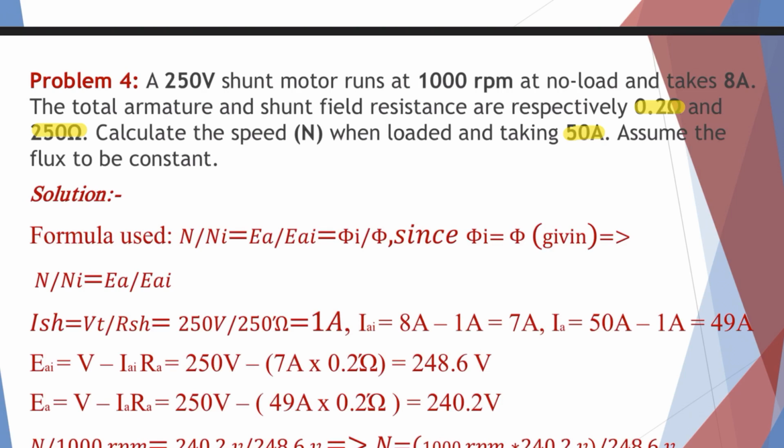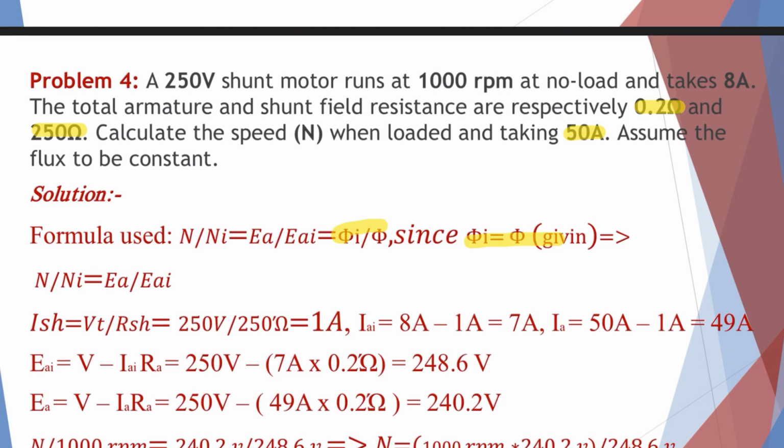The formula used: N over N1 equals EA over EA1, where N is the speed and EA is the armature voltage, equal to flux times speed. Since the flux is assumed to be constant from the question, we can cancel the flux.